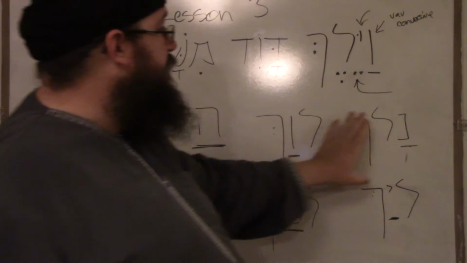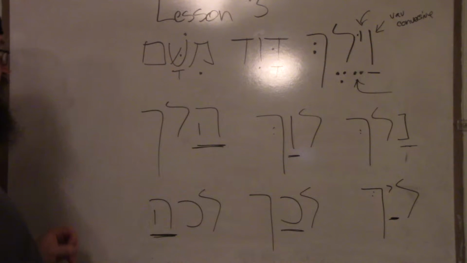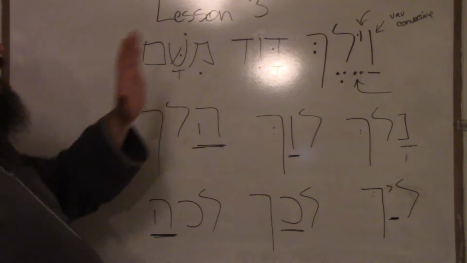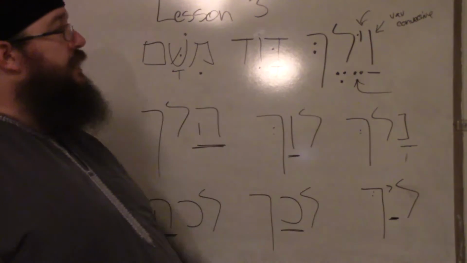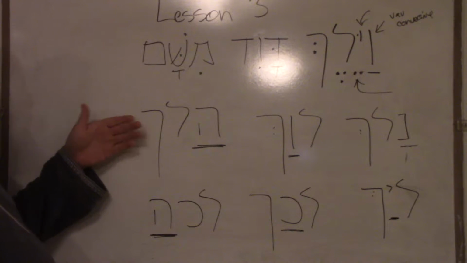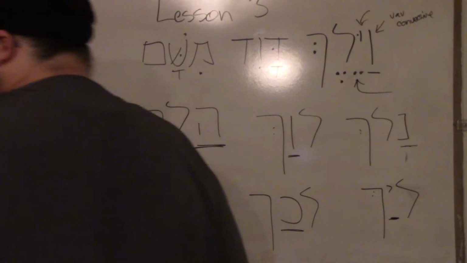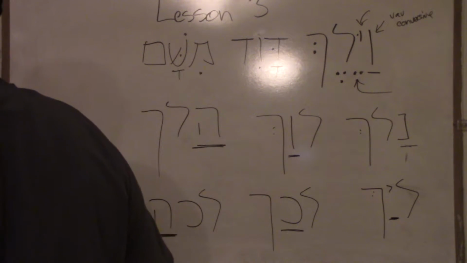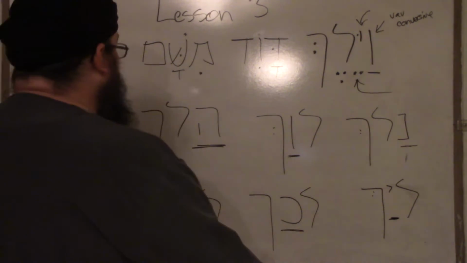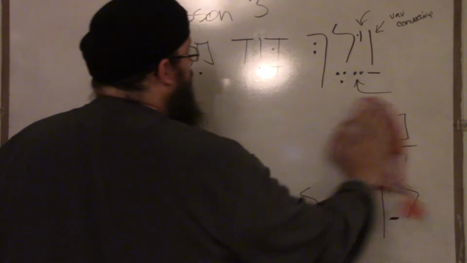The vav would fall off, the nun would fall off, and the yud would fall off in the vav conversive form. And then of course lastly, the hey at the end, because hey verbs drop off when we put them in the vav conversive. So here in this case, the root is hey lamed chaf sofit, which is halach. And that is going to be the root that we're looking for. And what does halach mean? Halach means he went.